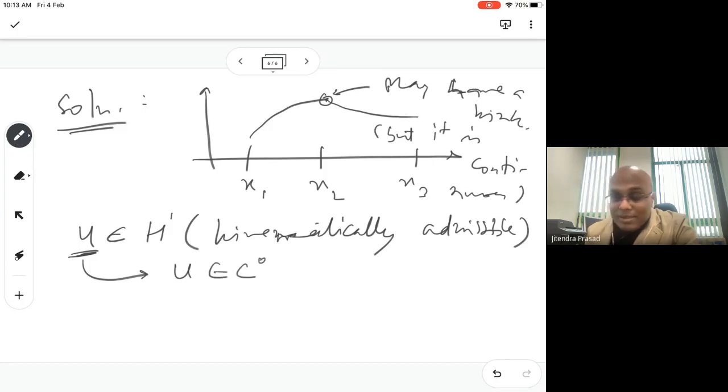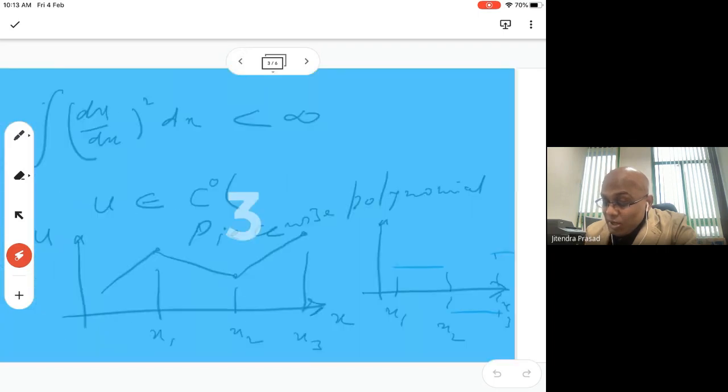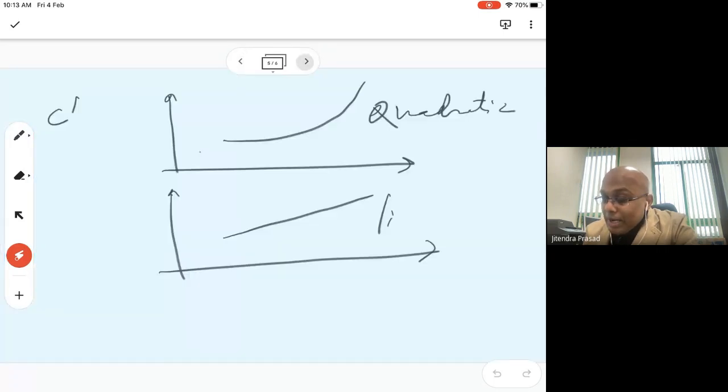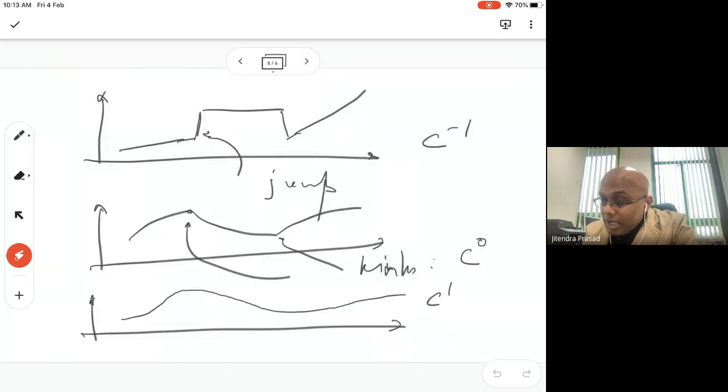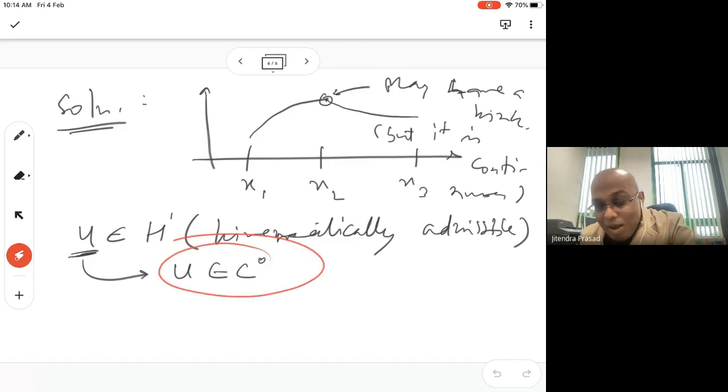That's one thing, because if it is not, then you cannot do the calculations. You know that it has to be a piecewise curve which is continuous. If it's not, you will not be able to do calculations. So this is a requirement.